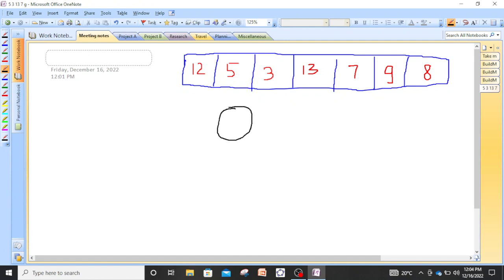I once again repeat that the heap I show you is not the normal heap of the given array.